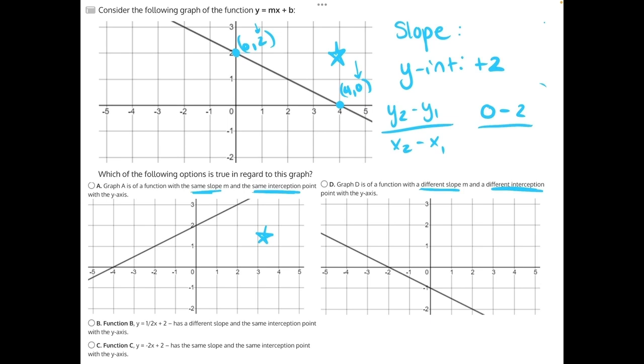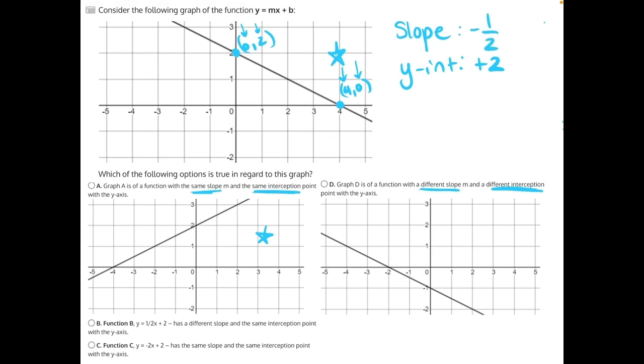Then on the bottom, we will have our x1, which is 4, minus our x2, which is 0. When we solve that, 0 minus 2 will give us negative 2, and 4 minus 0 will give us a positive 4. Then to simplify, we know that 2 is exactly half of 4, so this fraction will simplify down into negative 1/2. So either way, you will get the same answer of negative 1/2 as your slope.